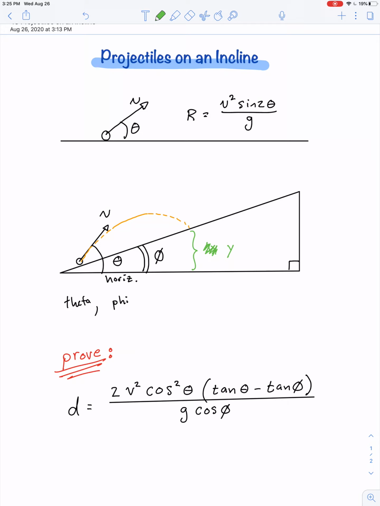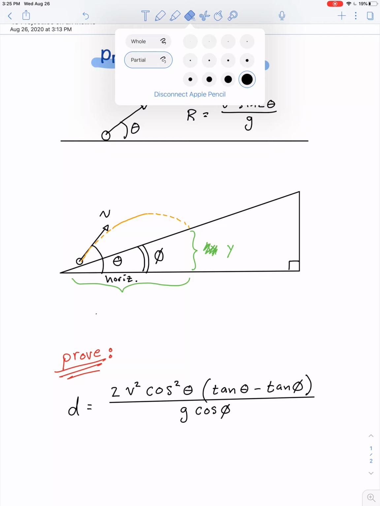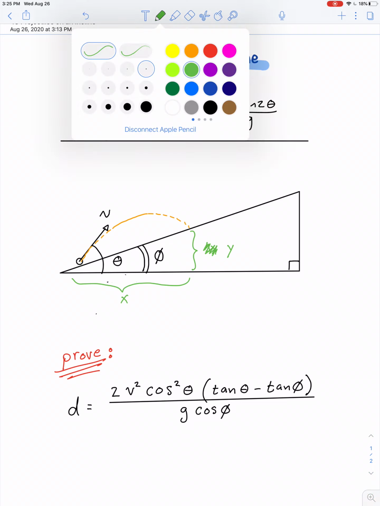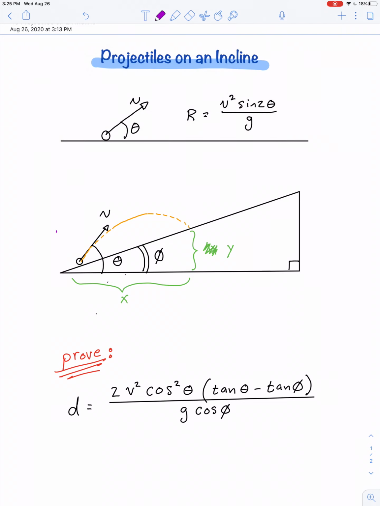Okay, and the same thing, I'm tempted to call the horizontal displacement delta x. But how about instead, we just call it x? Then I'll add one more label and say the distance that it travels from the bottom of the incline to where it strikes the incline is some distance d.